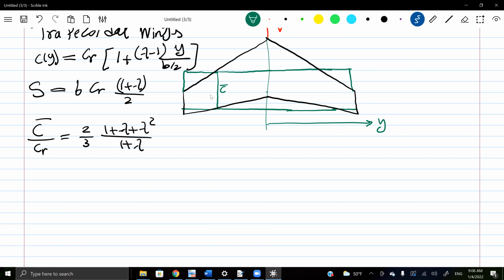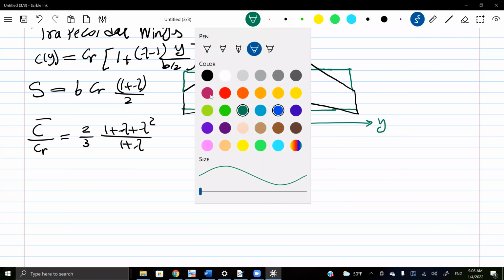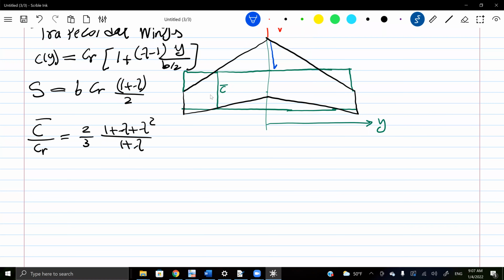The point here is that I have a relation for this distance. What's this distance? Well, this point is clear. This is the wing apex. It's the leading edge of the root chord.